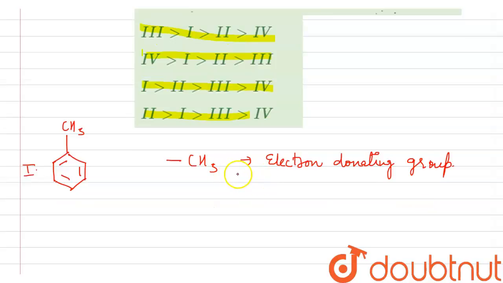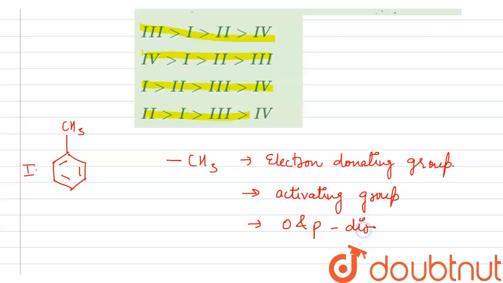So when a methyl group is attached to the benzene ring, it will increase the electron density, and it acts as an activating group for electrophilic substitution reaction to occur. It will increase the electron density over ortho and para positions. That is why they are known as ortho and para directing groups, right?